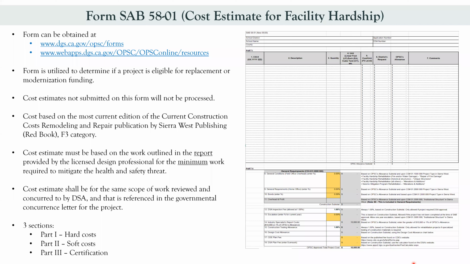Also, the cost estimate should be for the same scope of work reviewed and concurred to by DSA. Okay, this form consists of 3 sections. The first section is part 1, which is in regards to hard costs. Part 2 is soft costs, and the last section is for certification.